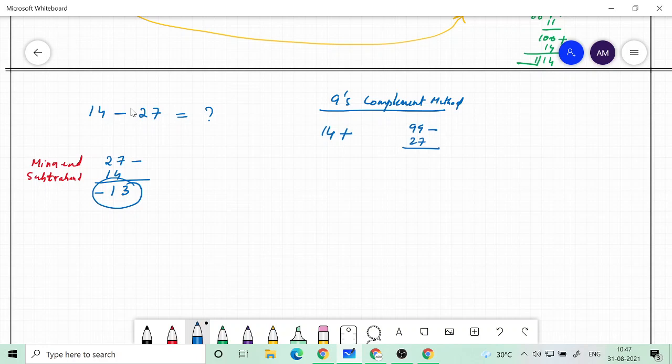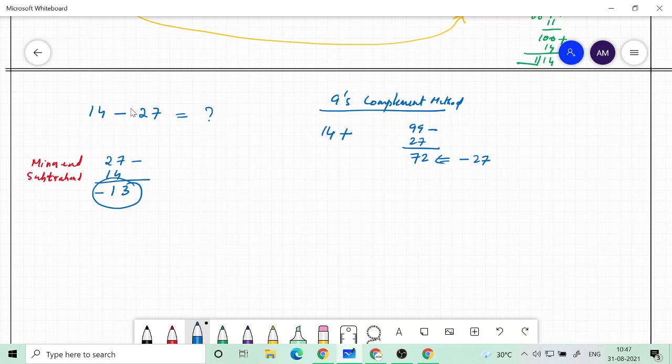When you do it for example with binary data, I will show you, we can avoid the subtraction step here. I will come to 1's complement and 2's complement, then that will become clear. Okay, so 9 minus 7, that is 2, 9 minus 2, that is 7, so that is 72. So this is our 9's complement of minus 27.